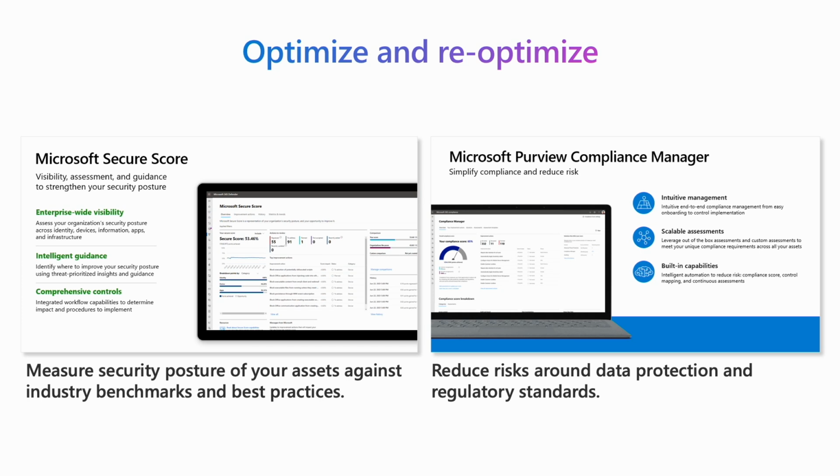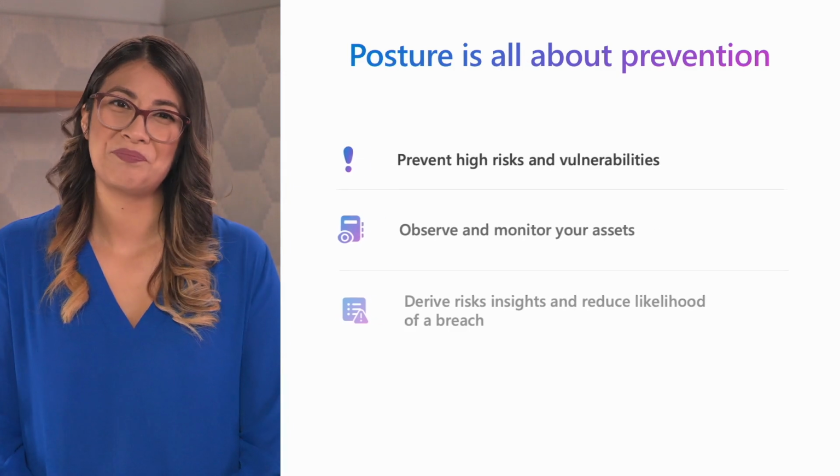It can help reduce risk around data protection and regulatory standards. Your security team can continuously monitor your secure score to understand current risk and vulnerable assets. With this measurable data, you can add these scores to your regular reporting and security KPIs and demonstrate your progress.